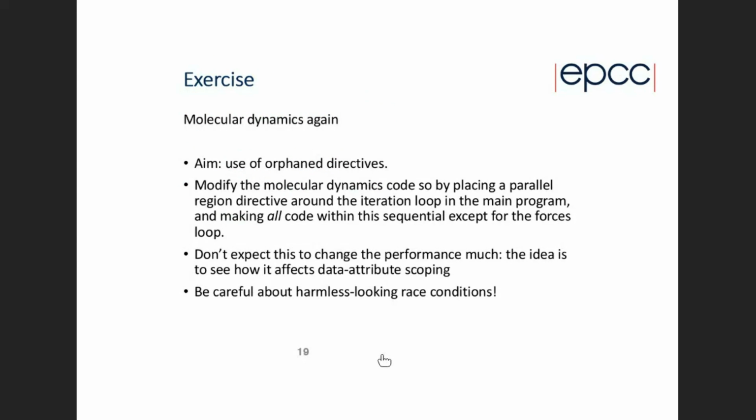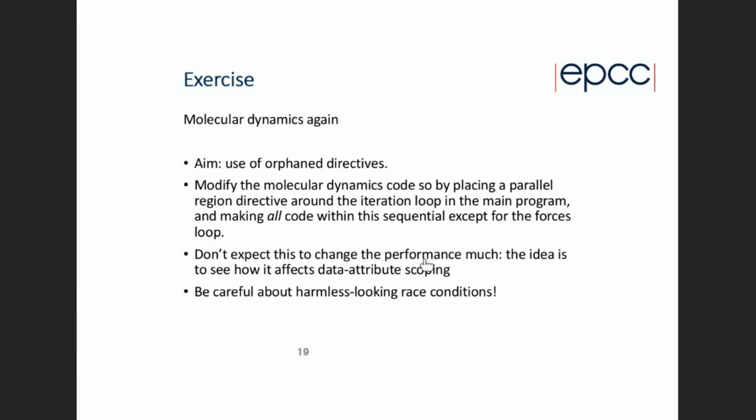And the practical exercise that goes with this one is to go back to the molecular dynamics one again and explore the use of orphan directives. So instead of having a parallel do or parallel for directive, try separating out the parallel region and move it out into the calling routine, and making everything else sequential.